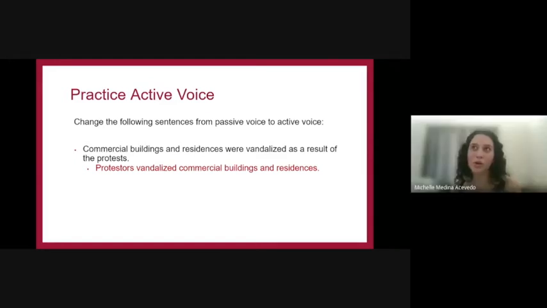Of course. So if you had that information and you don't want to infer who did it, you can say they, and you don't have to say a specific noun. So you don't have to say protesters. You can just say they and make it ambiguous. Or if you do not know who vandalized, that could be a case of using the passive voice correctly.